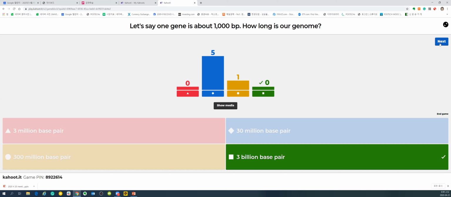So among those 3 billion, only 1% or maximum 2% of those sequences are allocated for genes. So only 1 to 2% of the DNA is encoding protein structure. For the other 98% to 99% of DNA sequences, we don't know exactly what their functions are.